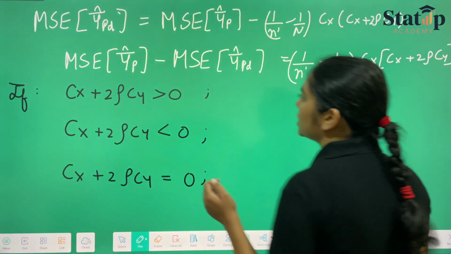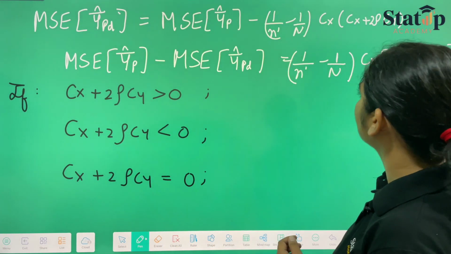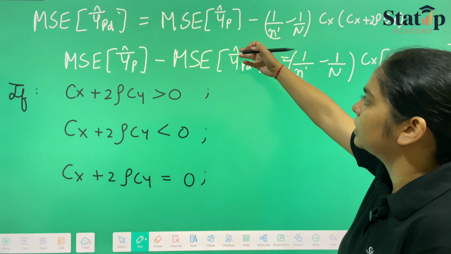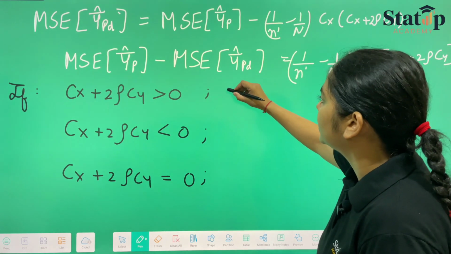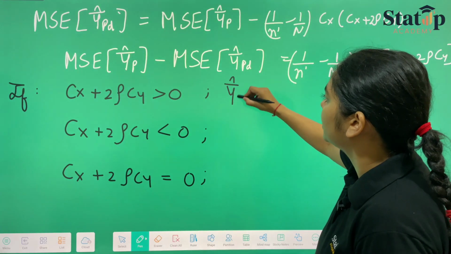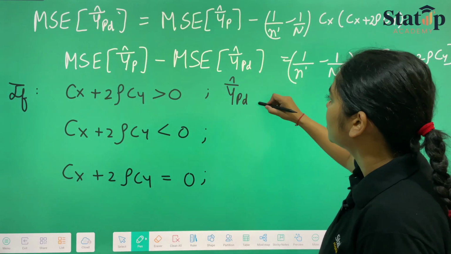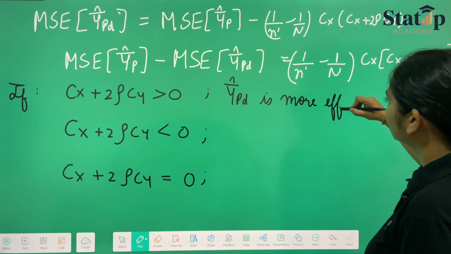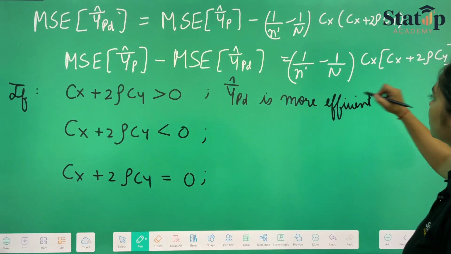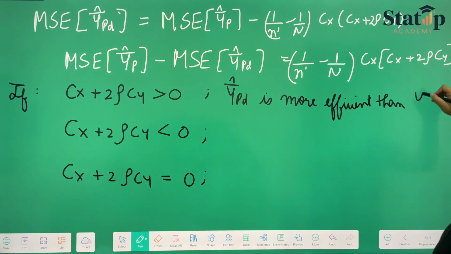If this is the case, then this is greater than 0, thus this is also greater than 0. Hence, we can say that product estimator of double sampling is more efficient than product estimator of single sampling.